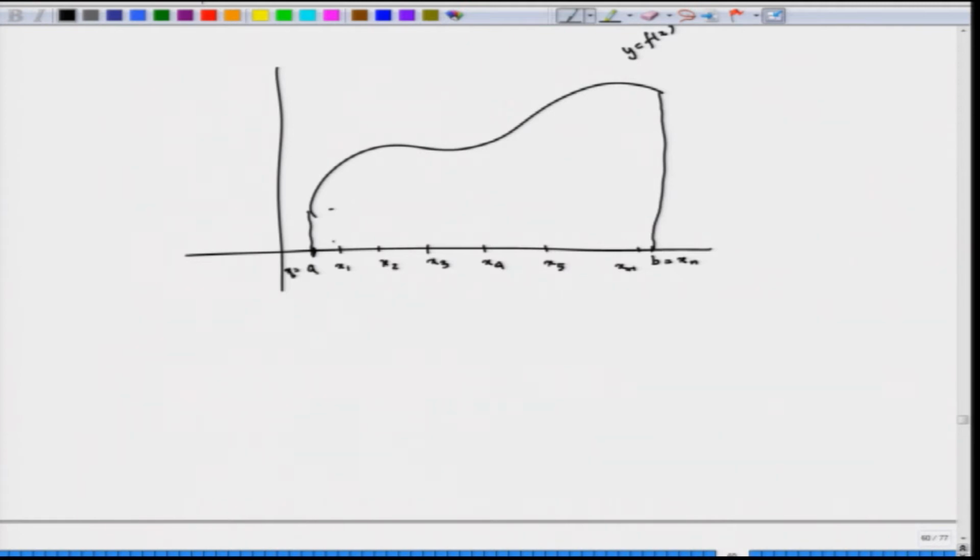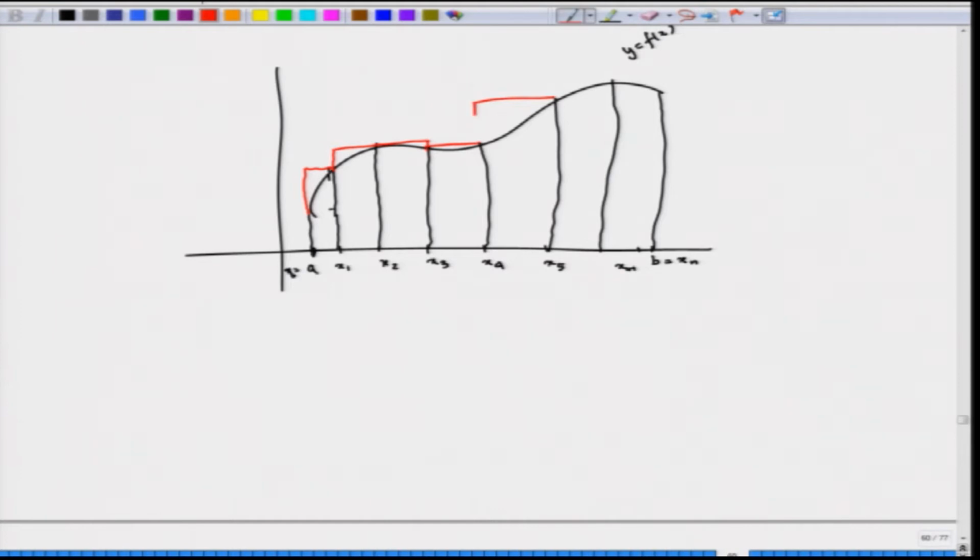Then I join like this. So, what I can do is find the area of this rectangle, and again we can compute the area of this rectangle, area of this rectangle.